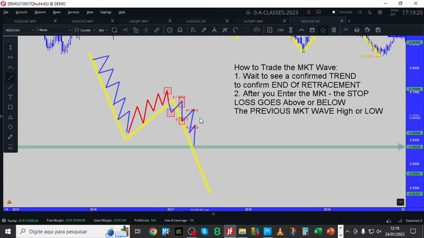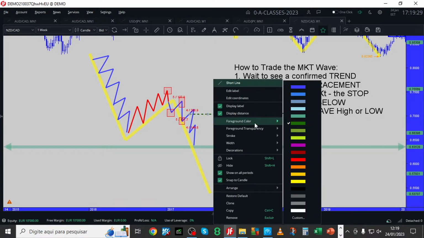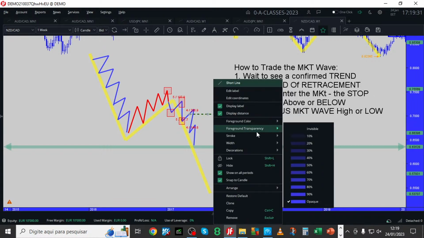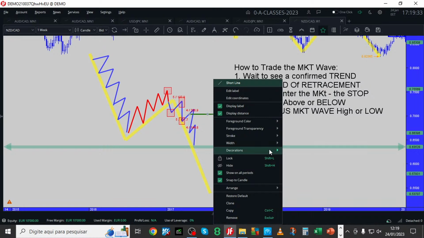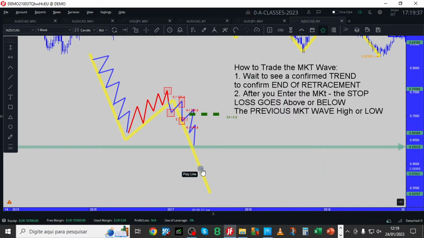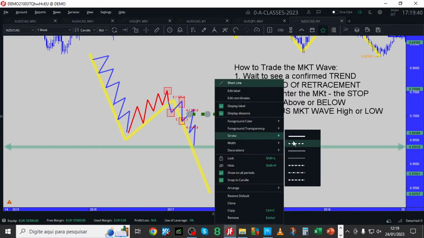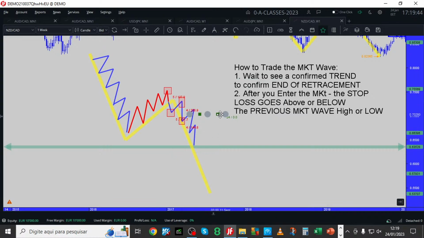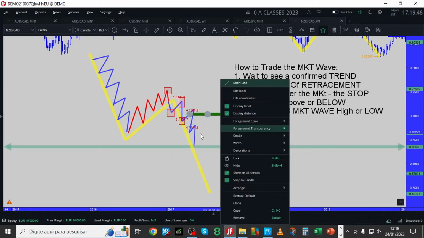So if I'm going to enter somewhere in here, give me a second. If I'm going to enter at the green dotted line, now let's make a straight line, okay?